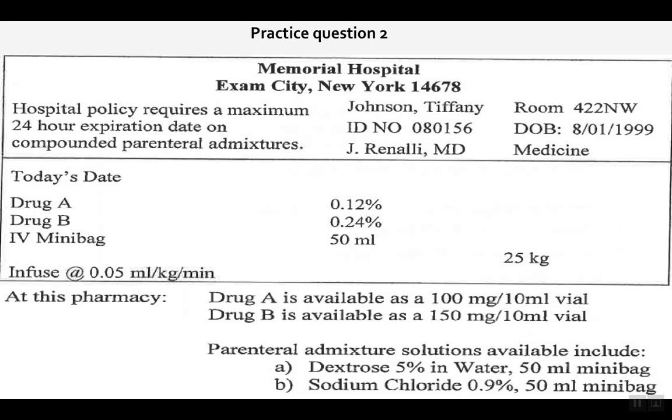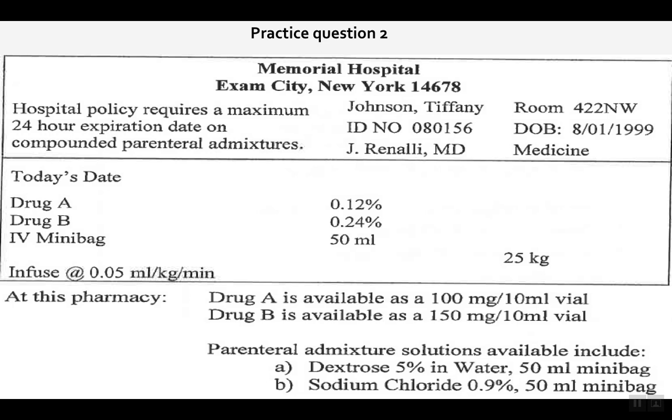Question number 2. In this case, we have drug A and drug B going into the same bag, and this is a 50 ml bag. Whenever you see a percent, it usually represents an amount and a volume. In this case, the concentration of drug A should be 0.12% in the whole prescription.